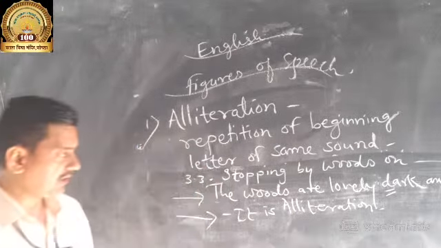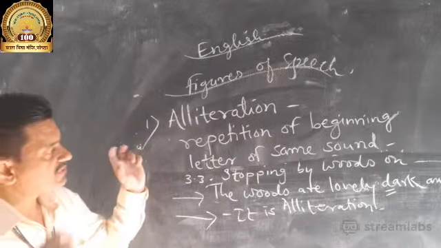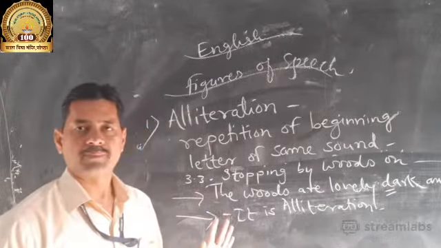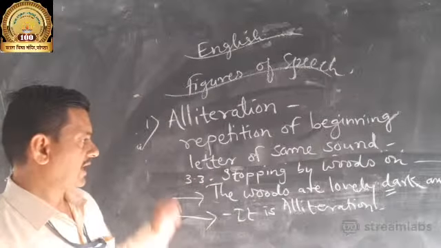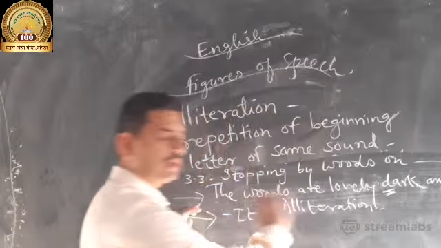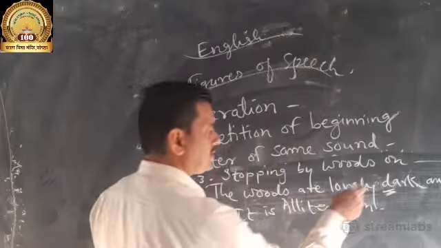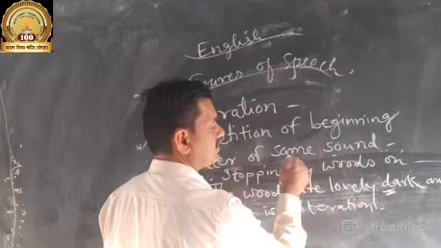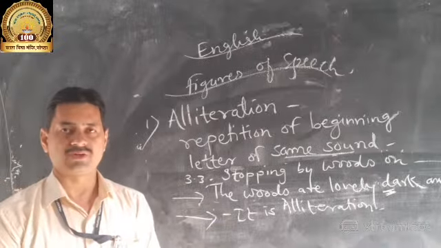Okay, so it is clear to all of you that alliteration figure of speech is very easy to identify. Try to identify only the same letter which occurs in one line, and if the same letters are there, of course they have the same sound. And that is alliteration figure of speech.